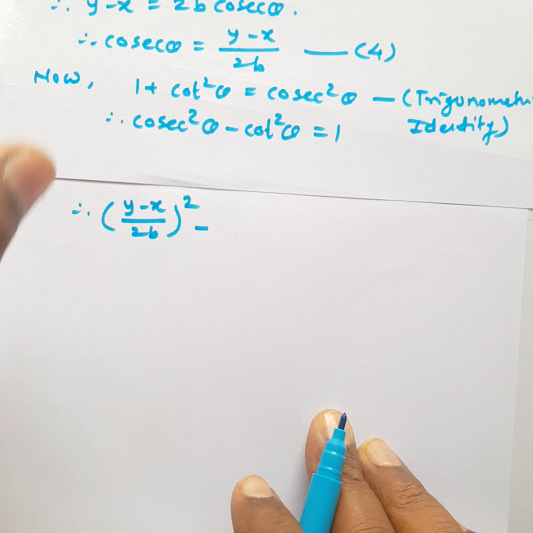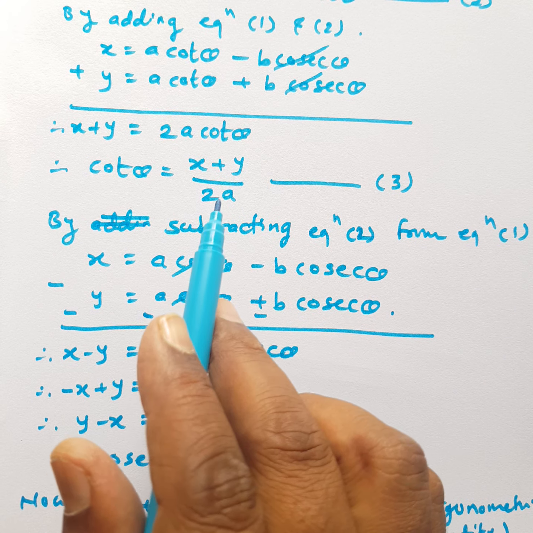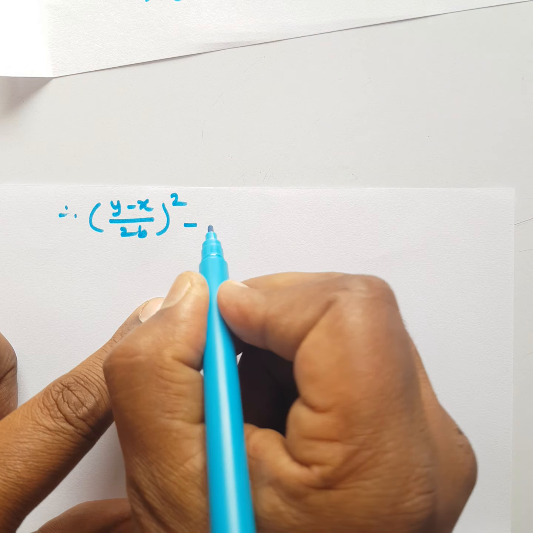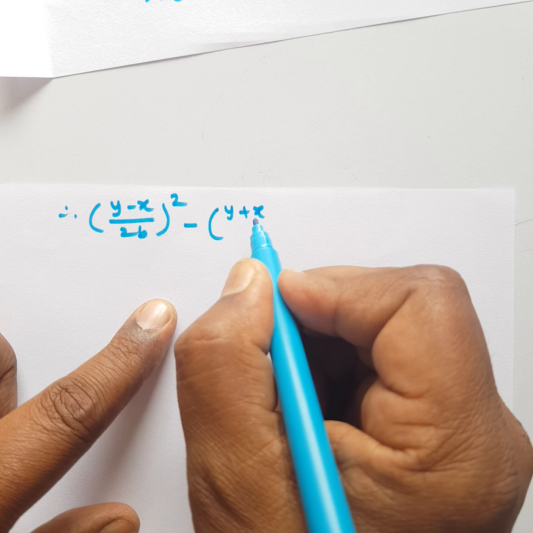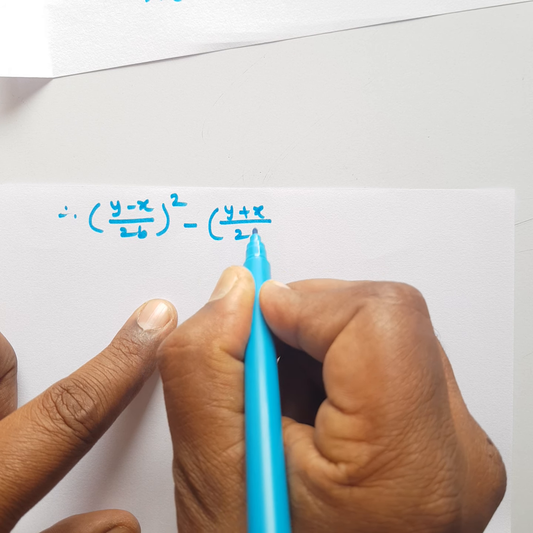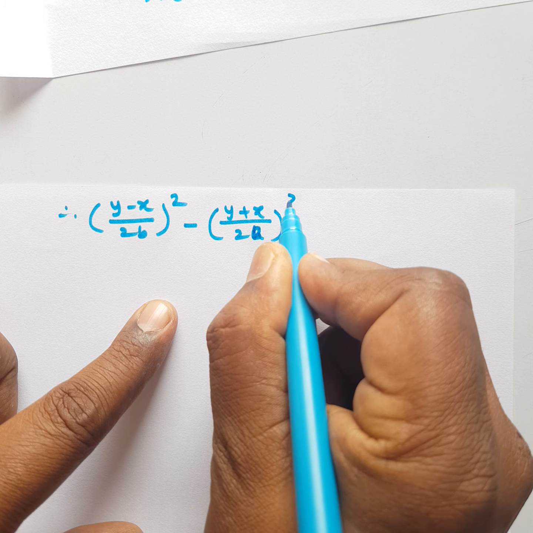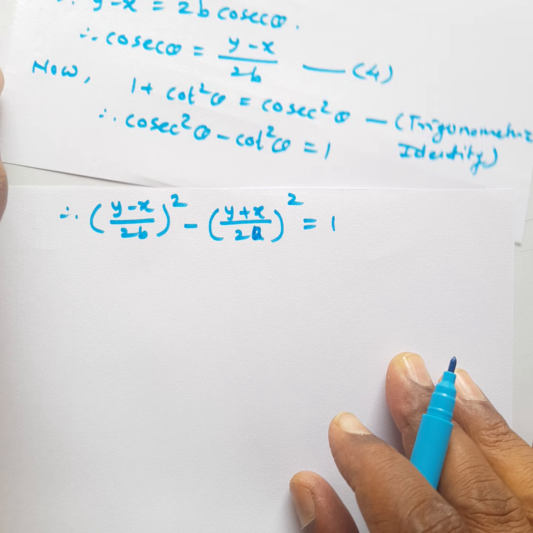The value of cot theta from equation 3 is x plus y upon 2a. Therefore its square will be x plus y upon 2a, bracket square, is equal to 1.